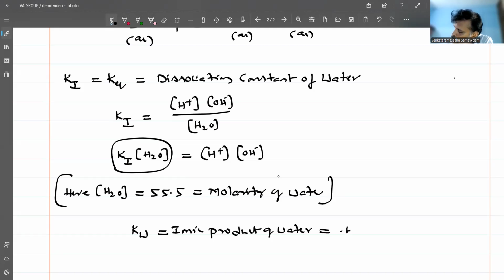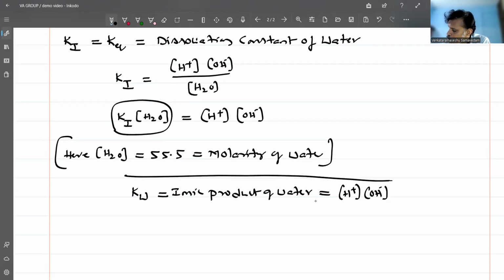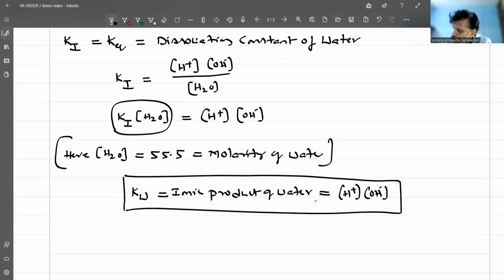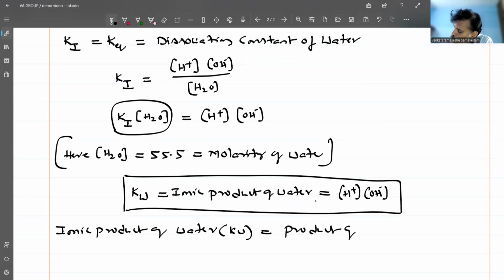That is directly equal to the product of the H plus ion concentration and the OH minus ion concentration. So the ionic product of water is nothing but the product of H plus ions and OH minus ions. The ionic product of water, Kw, is the product of H plus and OH minus ion concentrations at a given temperature.